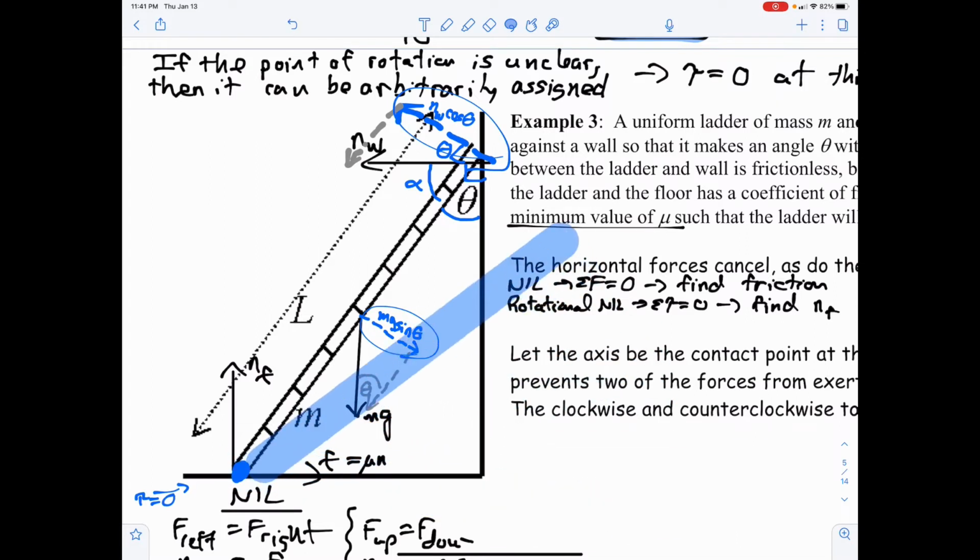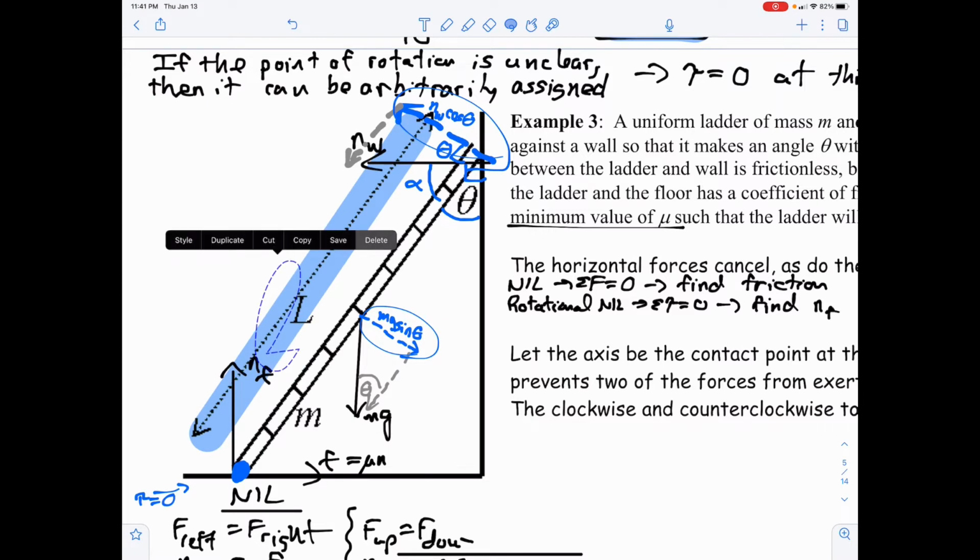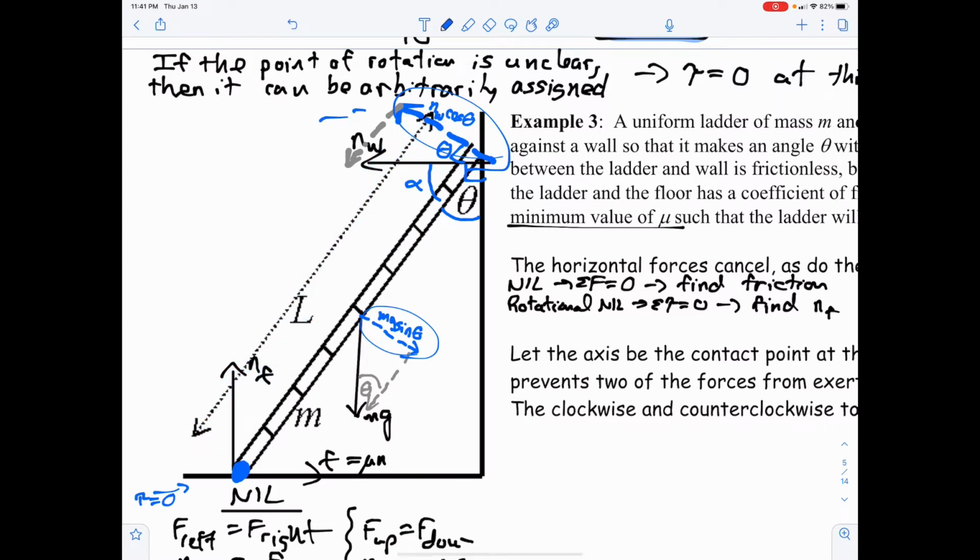That's a clockwise torque. And NW cosine would cause a counterclockwise torque. So you have one of each, counterclockwise and clockwise.